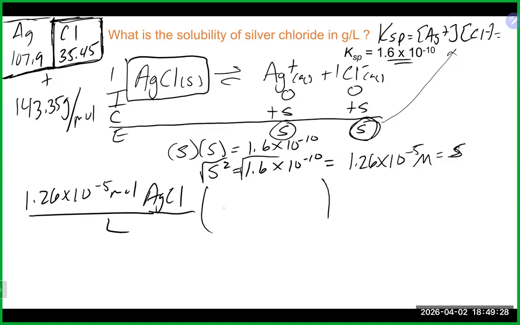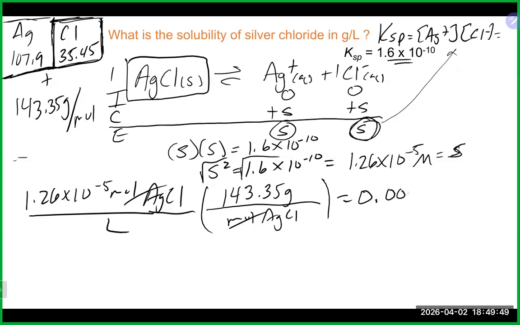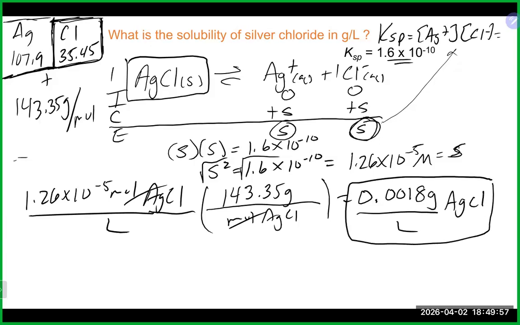That's going to be a conversion factor there. 143.35 grams per mole of silver chloride. Moles are going to cancel. So 143.35 times 1.26 times 10 to the minus 5 is going to give you a whopping 0.0018 grams per liter is the solubility of silver chloride in water, basically.